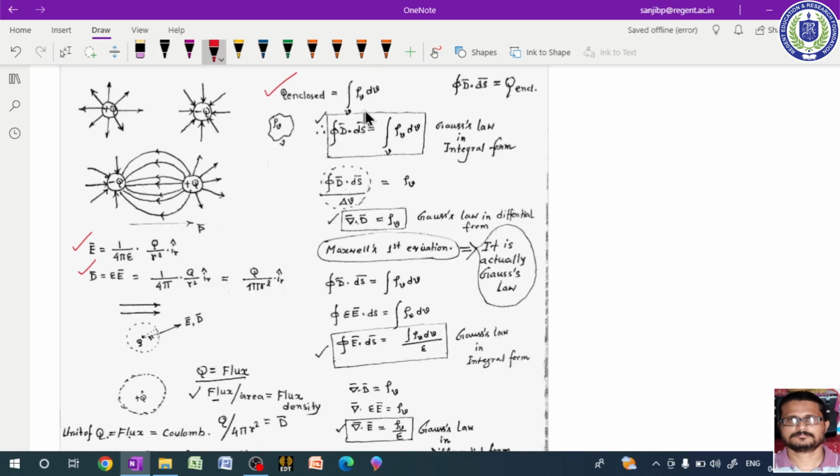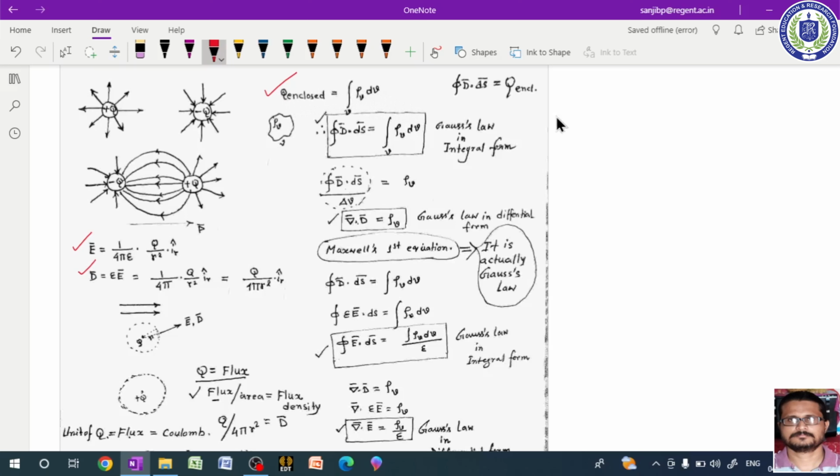This is the total charge using the volume charge density. Both have the same meaning, so we can write Q enclosed equal to the integration of rho v dv. So this is the expression.